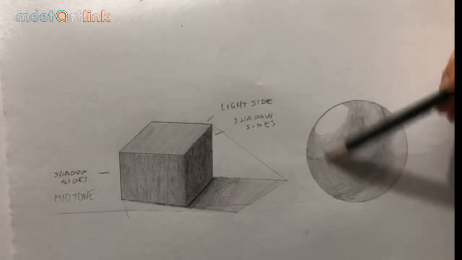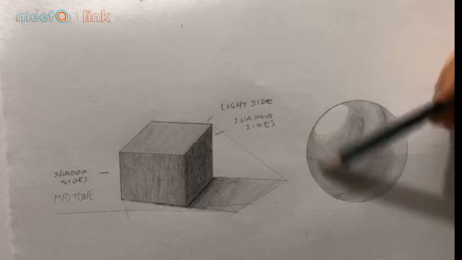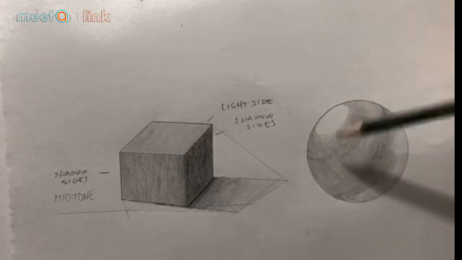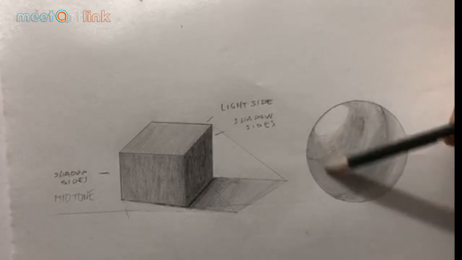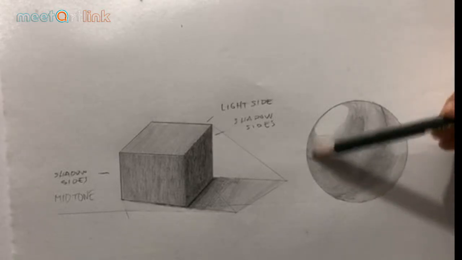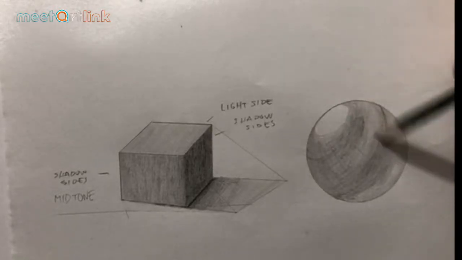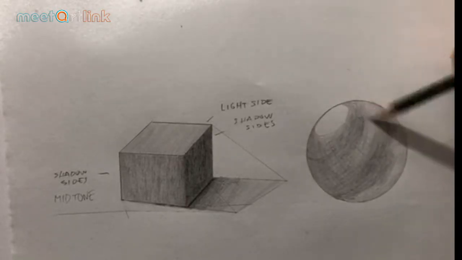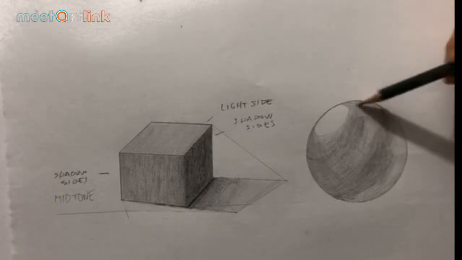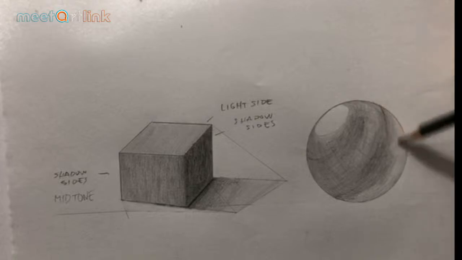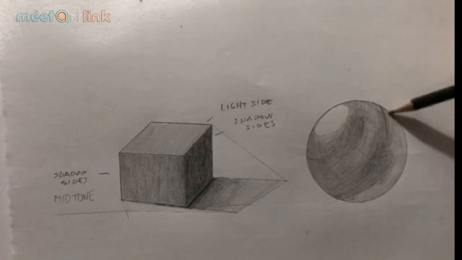And in here is when I tell you that if we draw following the shape of our object, that's going to give it also three-dimensionality. So in here I'm not really following the shading, the lighting, how it's hitting the object, but I'm just following the shape. That's also going to help us.